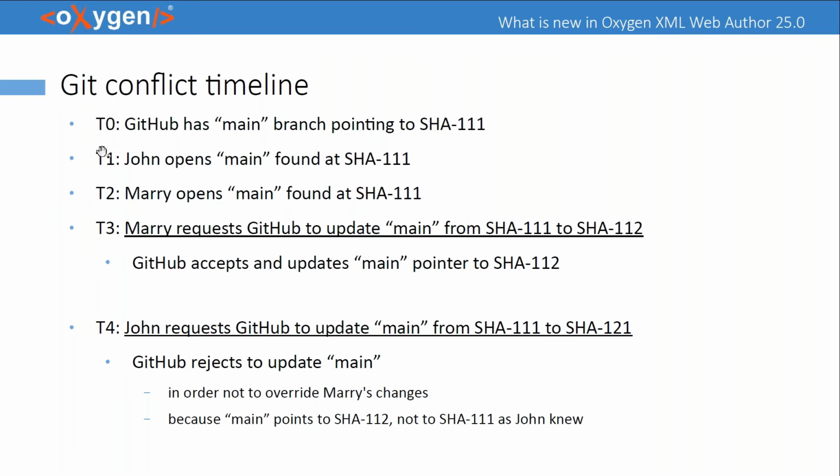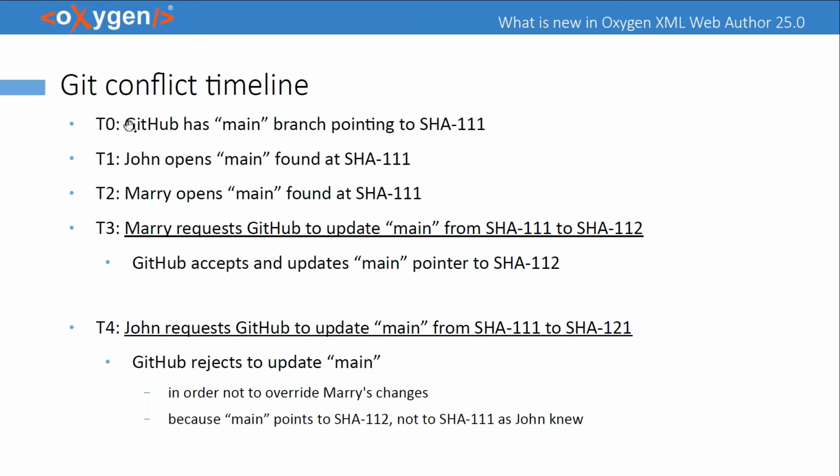For every time moment, I've detailed an action made by two users that at the end causes a conflict, where one of them is unable to save the changes made.